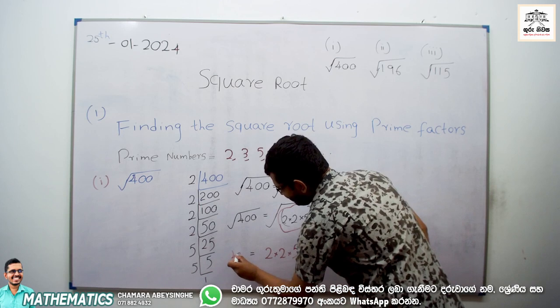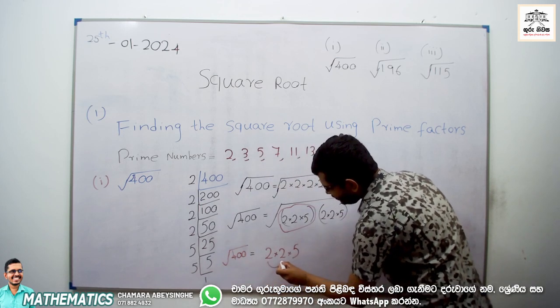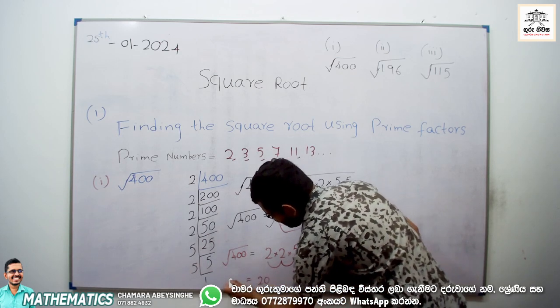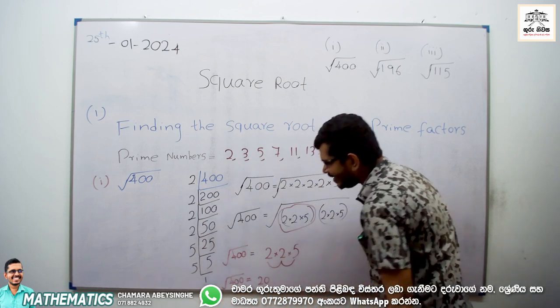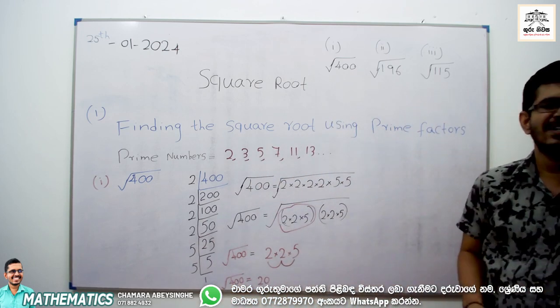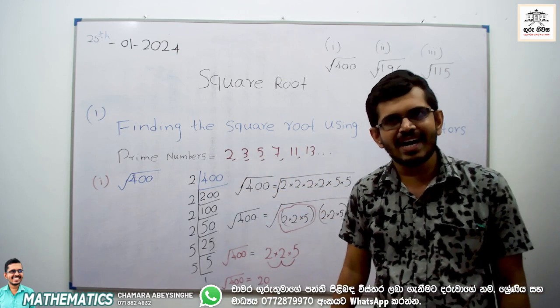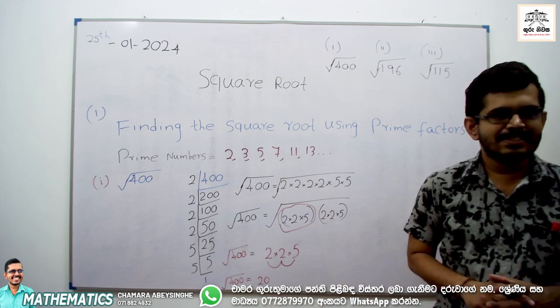So we get 2 times 2 is 4, 4 times 5 is 20. Square root 400 is 20. Yes, 20 times 20, 400 is created. 20 is the first one's answer.